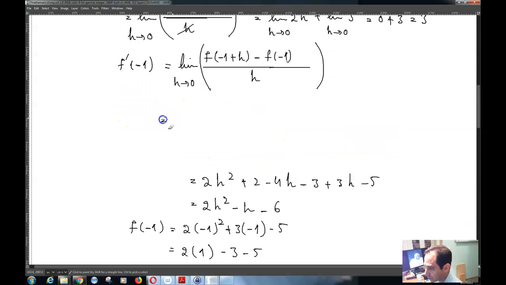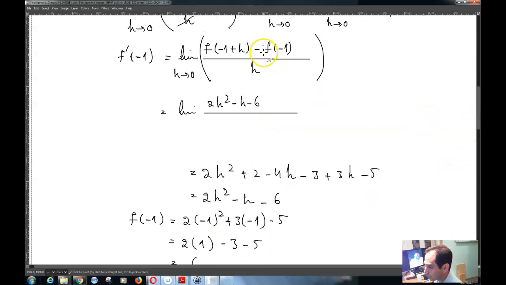Is going to be equal to the limit of basically this value. This is 2 times h squared minus h minus 6 minus negative 6 over h as h tends to 0, and these two will cancel out.